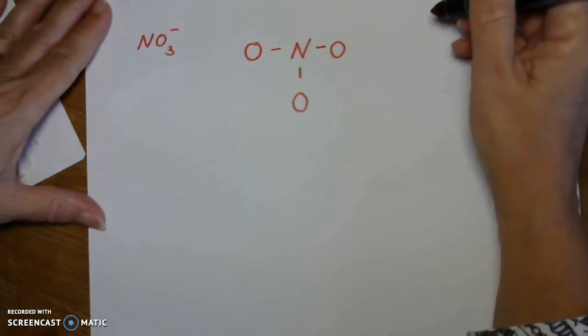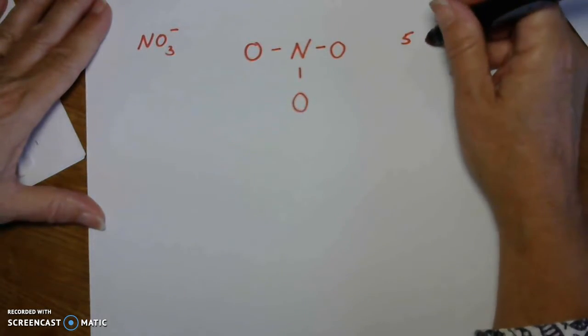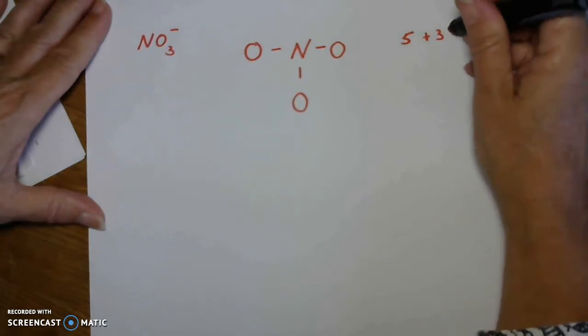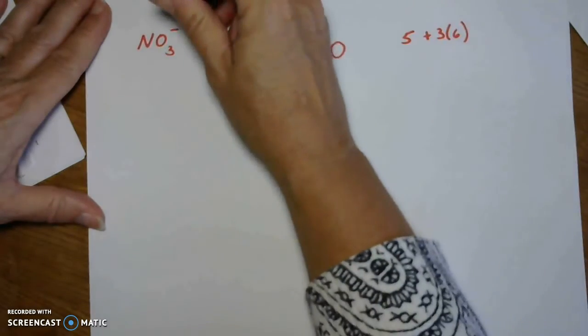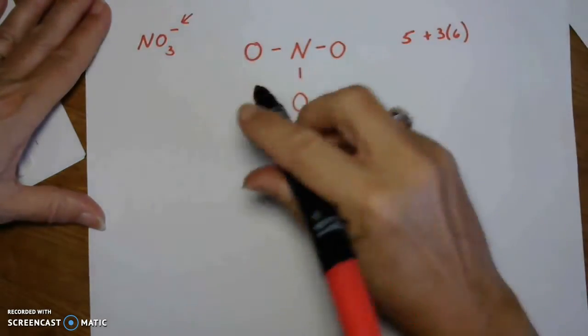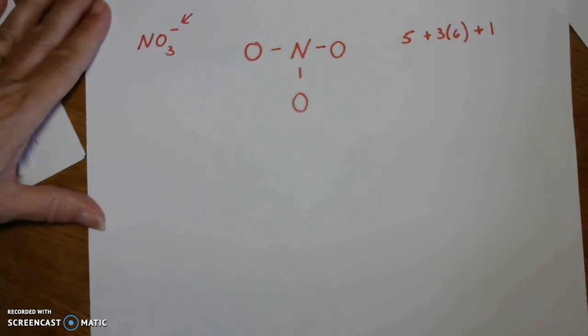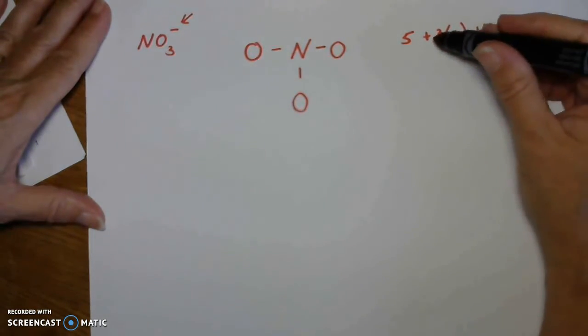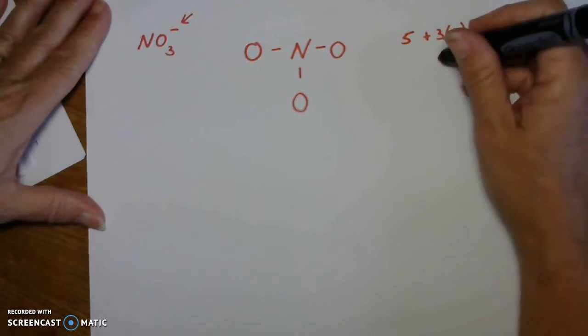So let's count up our valence electrons. We've got a nitrogen that's going to have 5, and we've got 3 oxygens which each have 6. Then we have something new. We've got this charge, that's another electron, so let's add that electron. Okay, so we've got 5 plus 18 is 23, plus 1 gives us 24 electrons.